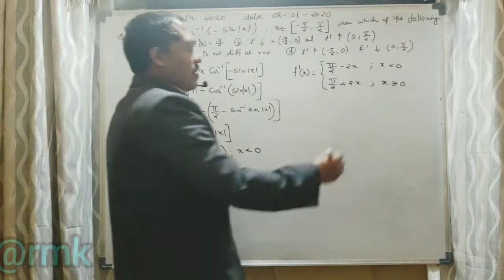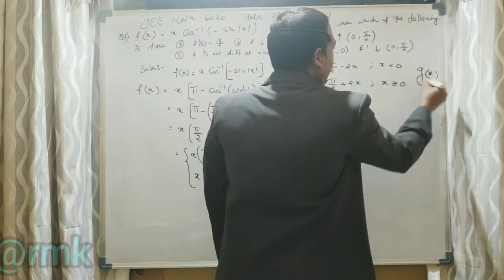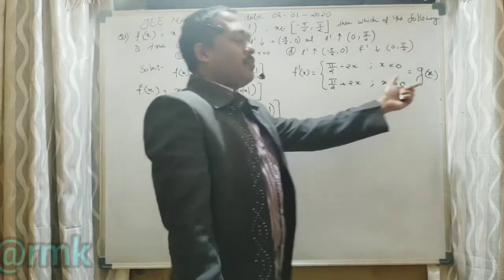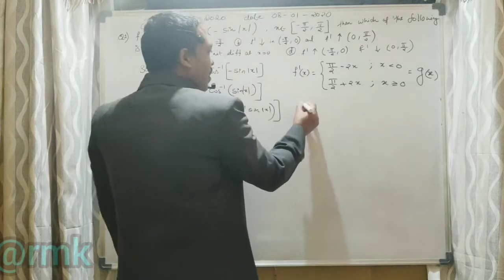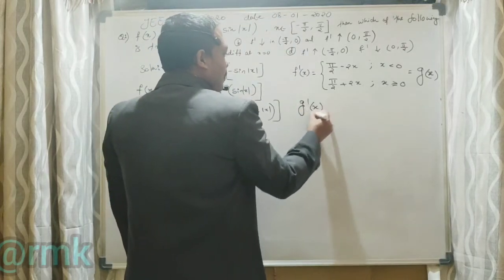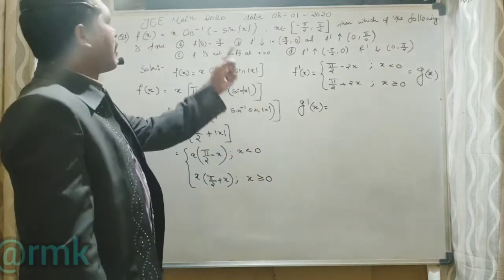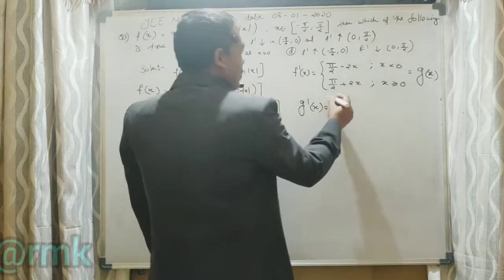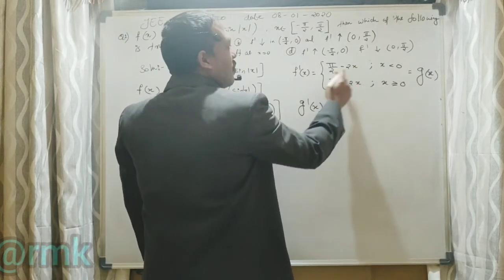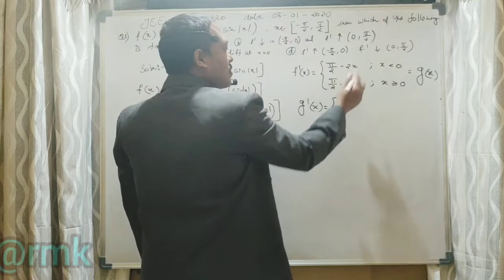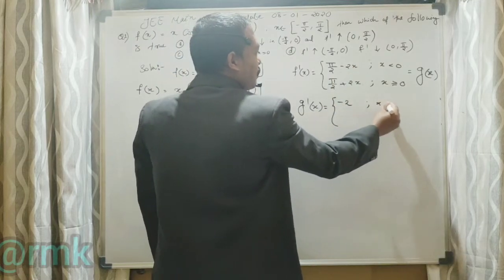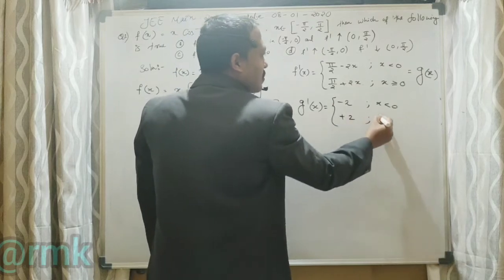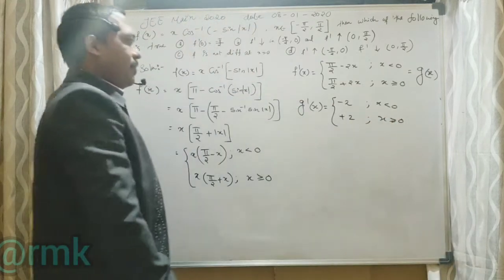Take this function f dash x as another function, denoted by g of x. Again taking the derivative for the increasing and decreasing discussion, g dash x is minus 2 for x less than 0, and plus 2 for x greater than or equal to 0.